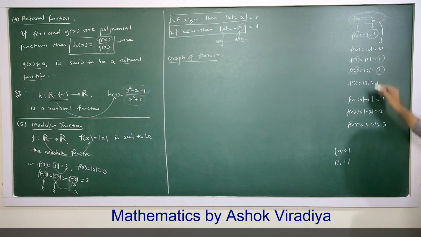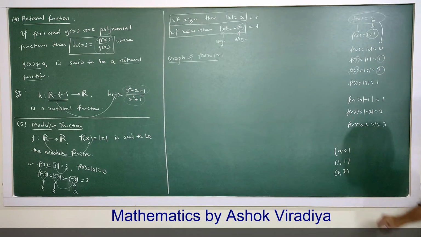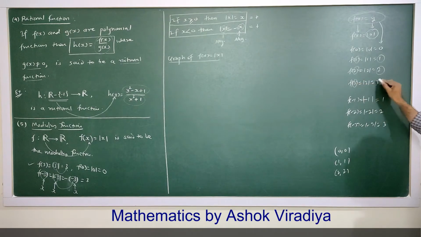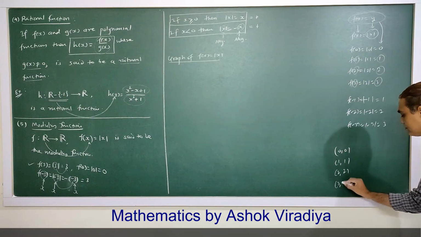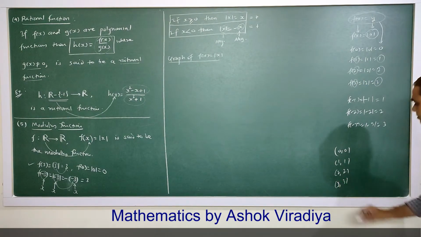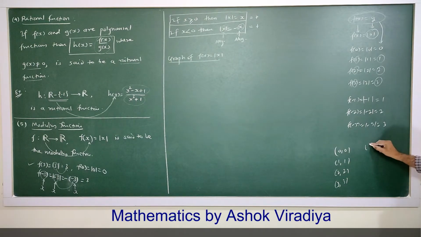Image of 2 is 2. Image of 3 is 3. Image of minus 1 is 1. Image of minus 2 is 2. Image of minus 3 is 3.